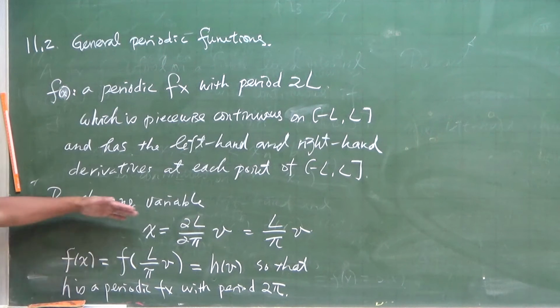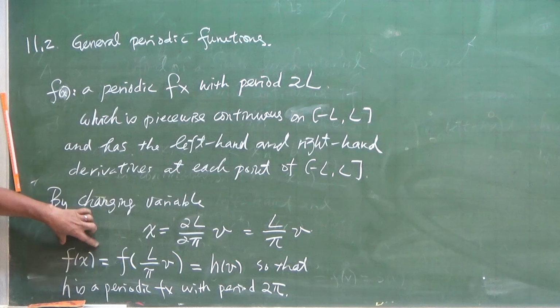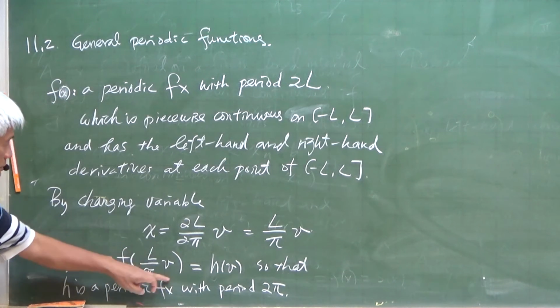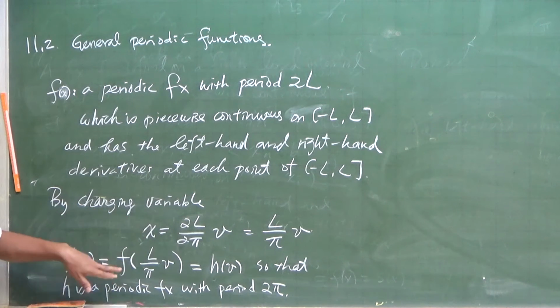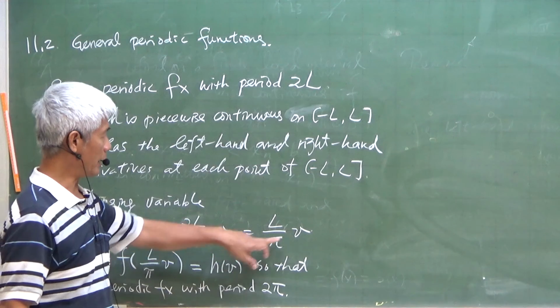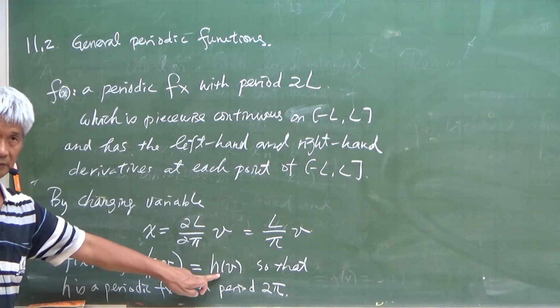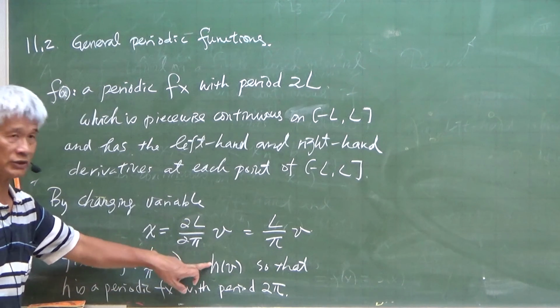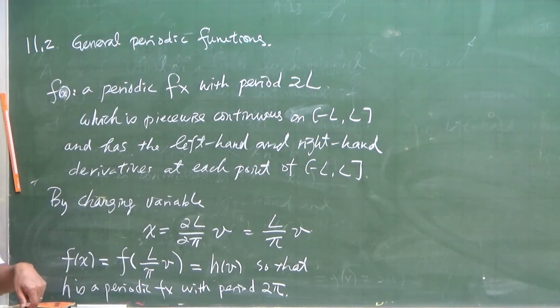Okay, so by substitution, because in here f of x is a periodic function with period 2 times L, but when we do the change of variable, when we let x equal to L divided by pi times v, then this becomes a v function, and so the new function h is a periodic function with period 2 pi.